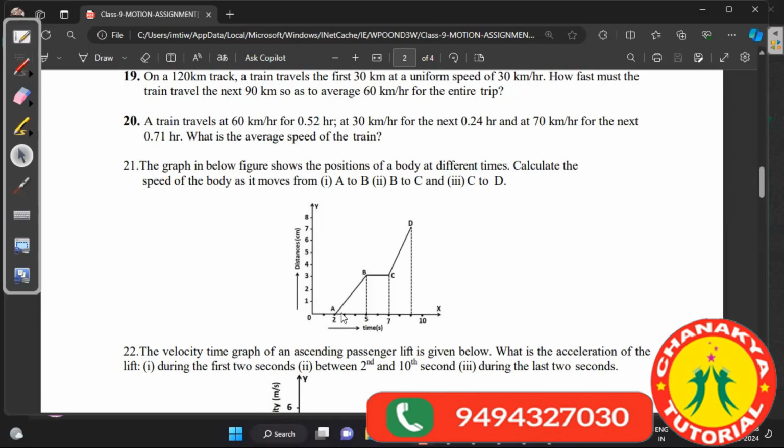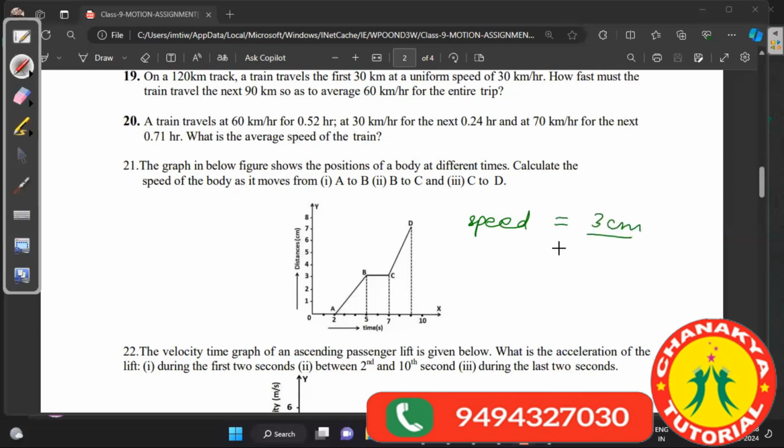This is a distance time graph and you have to find the speed. What is the distance covered in the region A to B? Yes, the distance covered is 3 centimeters.